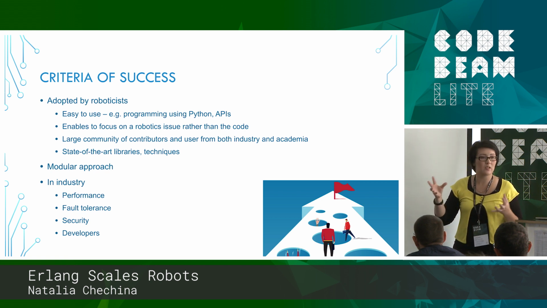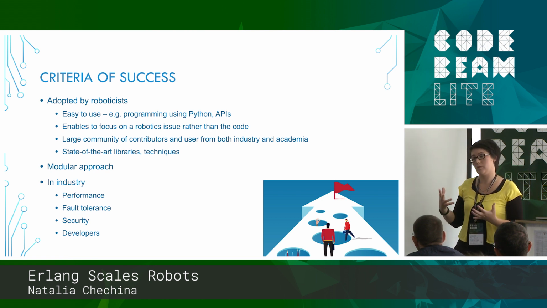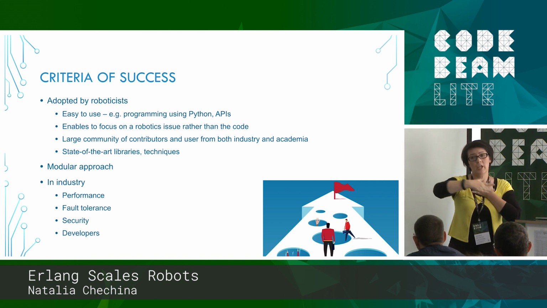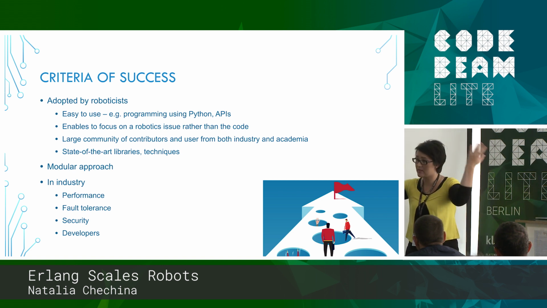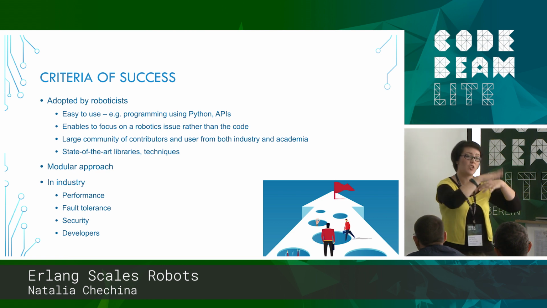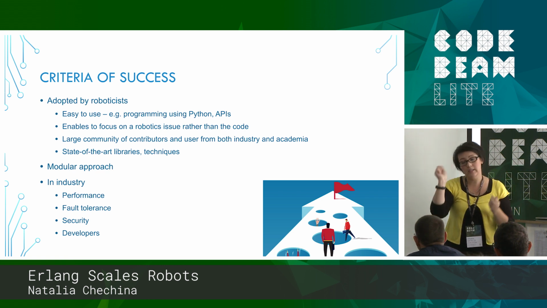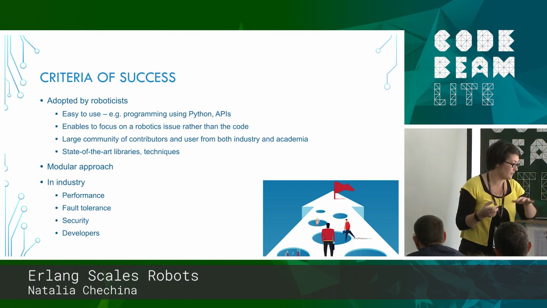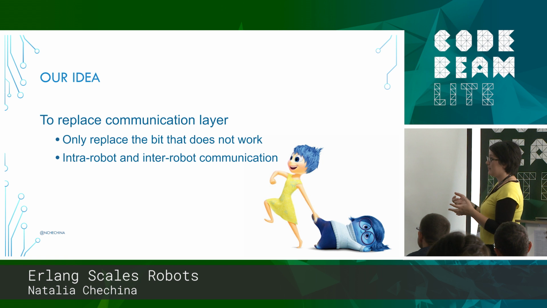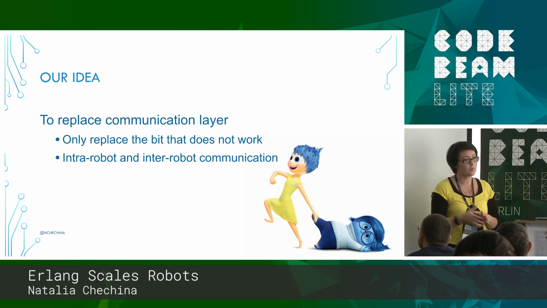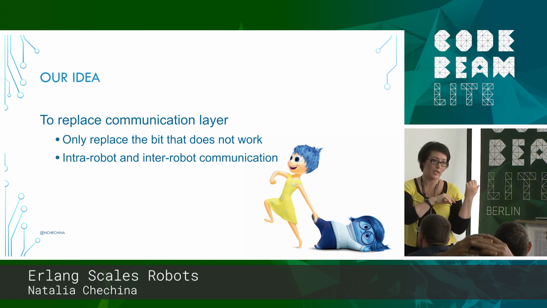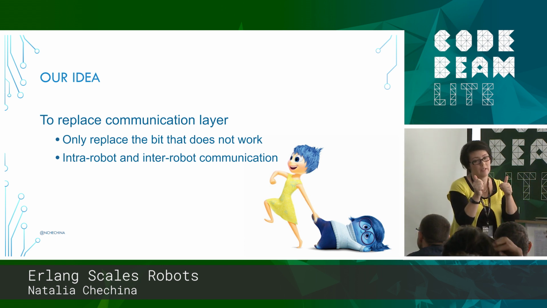Fault tolerance and security are obvious. Performance needs to be there as well. So what industry usually does is check the idea in ROS because it's simple, and then re-implement it on their proprietary hardware. That's what they usually do. So our idea is that we don't want to reinvent the wheel. We just want to replace the communication layer with the interfaces.